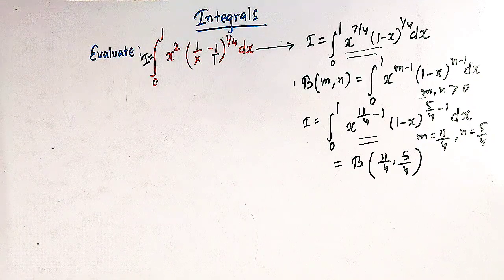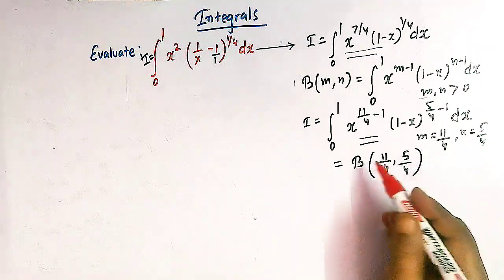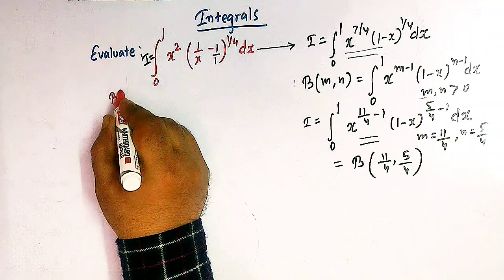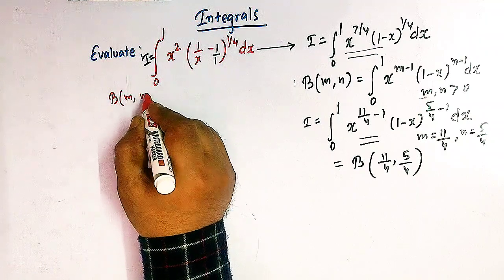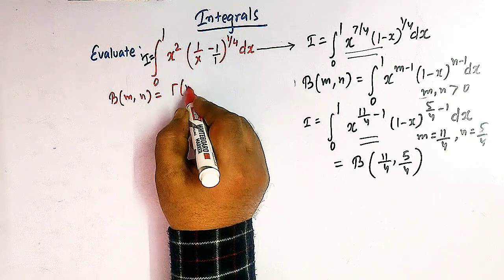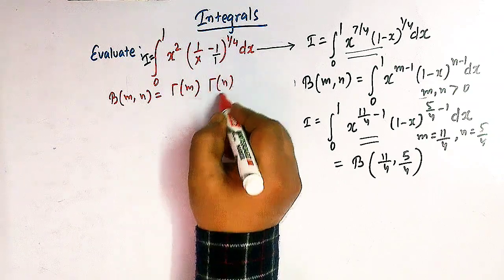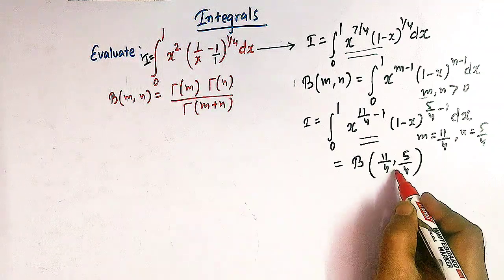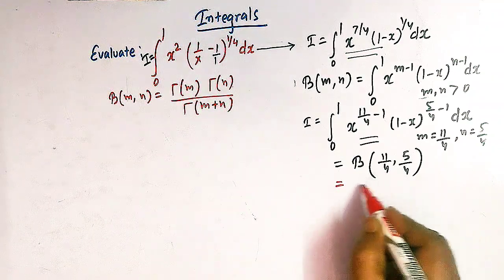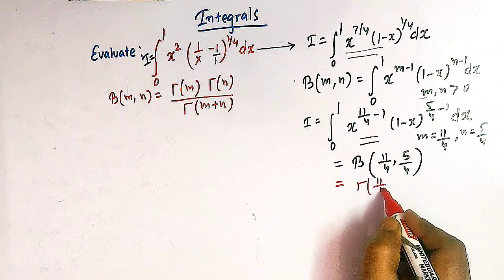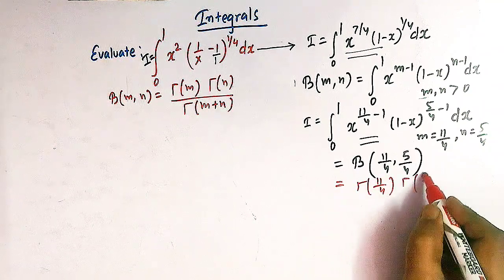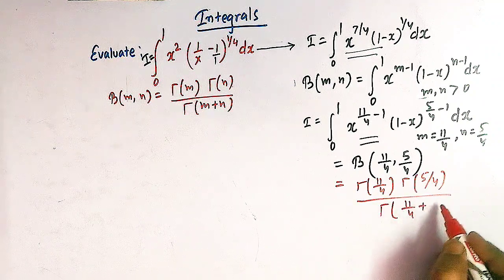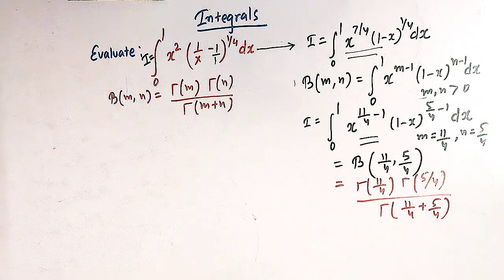To move further, we'll convert the beta function into the gamma function through this relation, that is beta(m, n) is given by gamma of m times gamma of n divided by gamma of (m + n), right? So this expression is now equal to gamma of 11 by 4 times gamma of 5 by 4, over gamma of (11 by 4 plus 5 by 4), right?